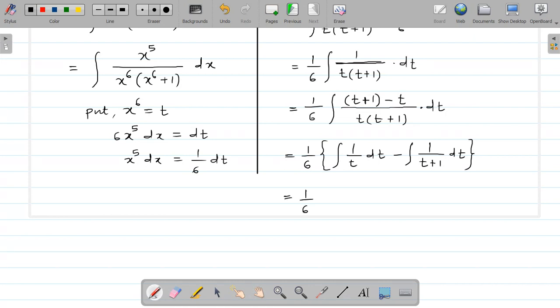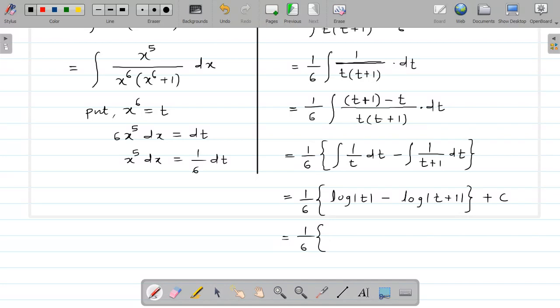So 1 upon 6 as it is, into integration of 1 upon t is log of modulus of t, minus integration of 1 upon t plus 1 is also log of modulus of t plus 1. Okay, bracket completed, plus integration constant. So it is 1 upon 6.